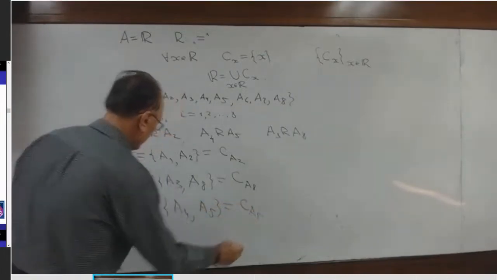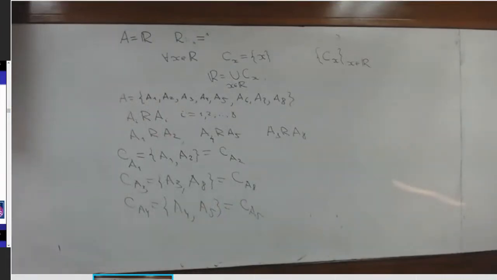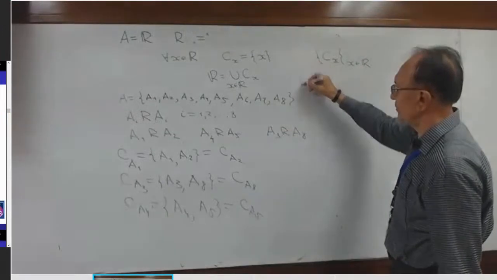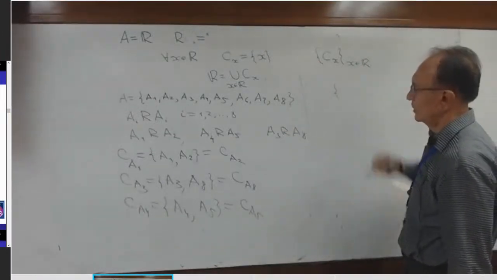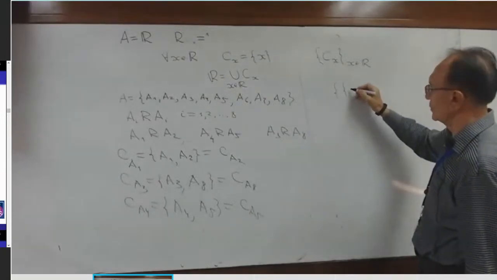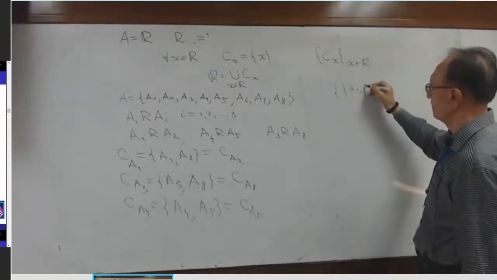CA5. Nothing else. I have the following partition, the following sets. The first member of the partition is A1, A2.